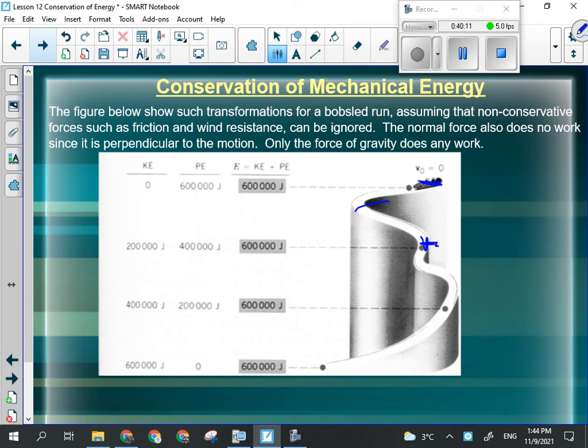But what changes is that at the top it's all potential, and as we're going down, that potential is converting into kinetic, but the sum is always 600,000. Everybody all right with that idea? So that's the principle behind all of those winter sports, roller coasters, all of that kind of stuff. They all rely on potential energy being converted into kinetic energy.